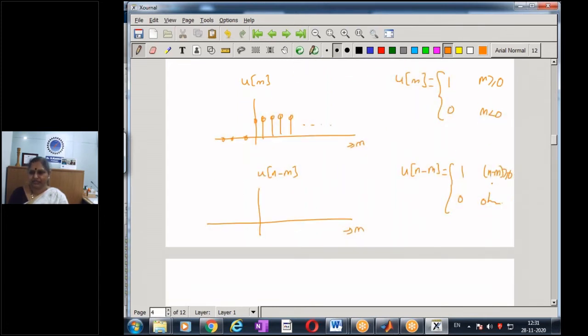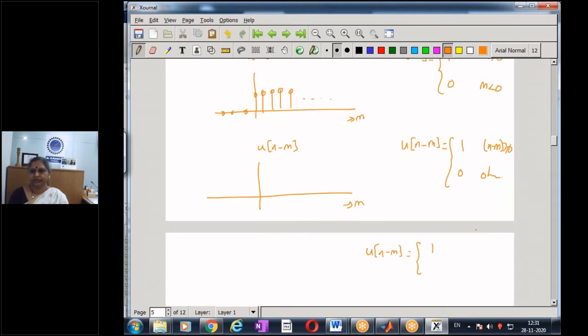So it is 1 for minus m greater than or equal to minus n.